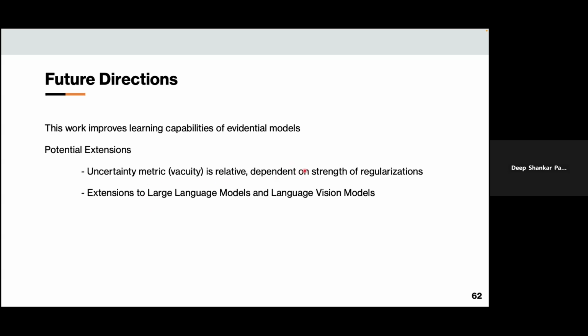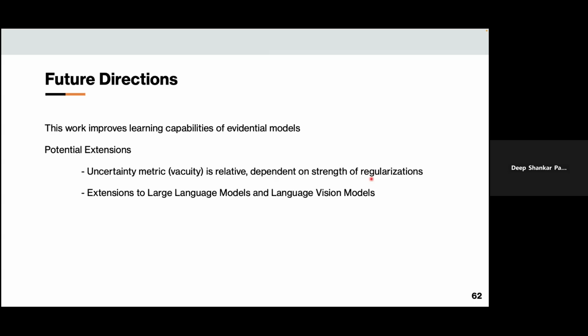So it's kind of dependent on the strength of regularization, and stronger regularization can impact the value of the uncertainty. Relatively, the uncertainty is meaningful. That is, if a sample has higher uncertainty, the model is likely to be wrong on such samples. But this is dependent on the strength of regularization, this is one limitation, and a possible future work would be to try to address this limitation.